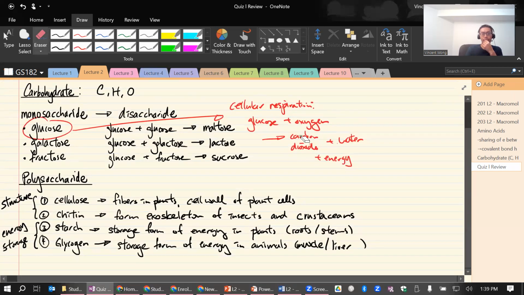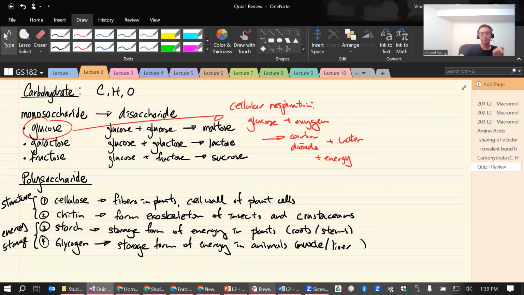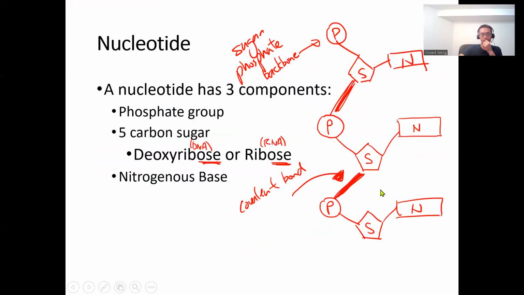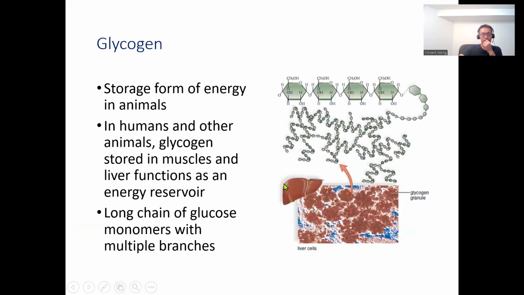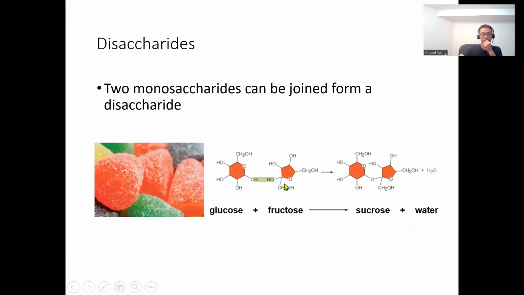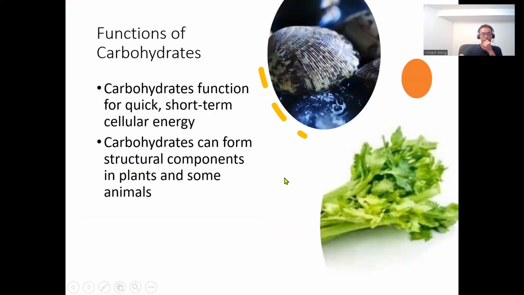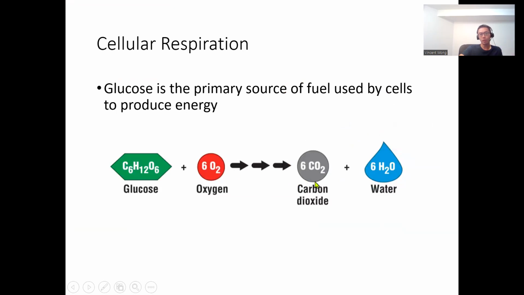Mhm. They produce carbon dioxide and water. Yeah, carbon dioxide, water, and energy, right? We had a slide on it. Let me see if I can find it. Somewhere in here. There, right? Glucose plus oxygen produce carbon dioxide and water, right? It's the primary way of producing energy in the body.